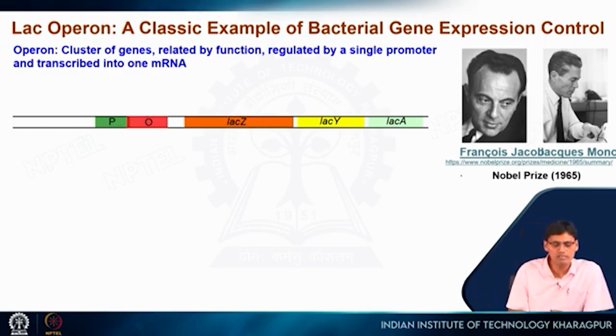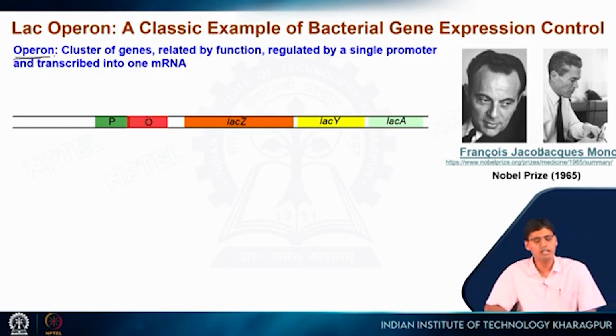So the lac operon. Operon here means a cluster of genes related by function and regulated by a single promoter and transcribed into one mRNA. This is a kind of operon.